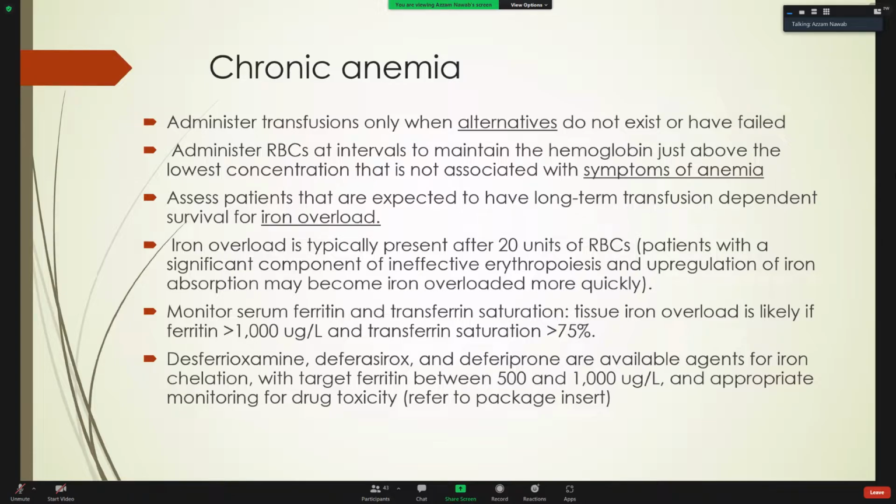Deferoxamine, deferasirox, and deferiprone are available agents for iron chelation with a target ferritin between 500 and 1,000 mcg per liter, with appropriate monitoring for drug toxicity; refer to the package insert.